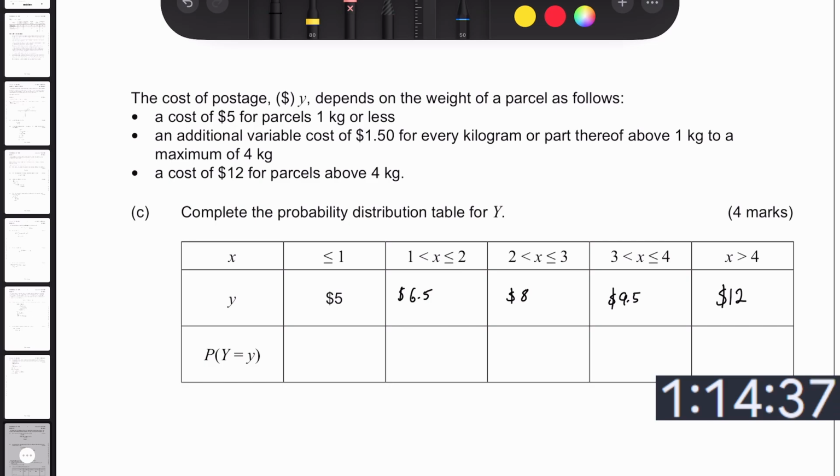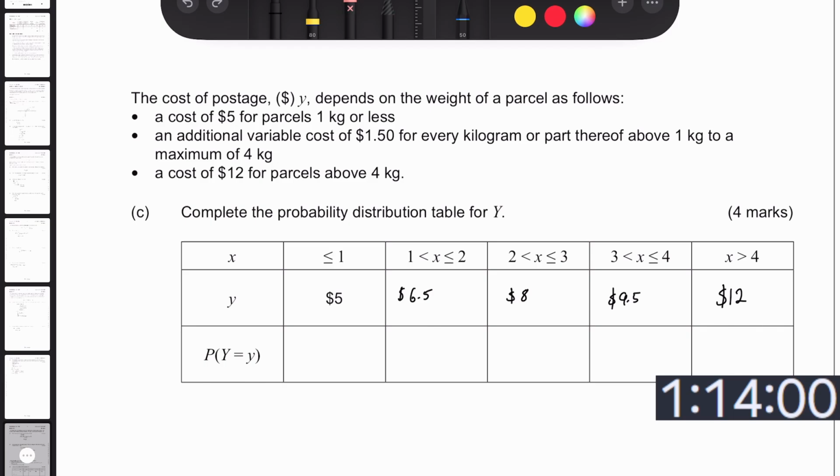Is that how it goes? But it says for every part thereof. So I would imagine this is like a continuous function. Oh wait, I think that means if it's 1.1, you still just add $1.50. Okay. Maximum 4 kilograms, so we add 4.5. Yep. Probability that Y is greater than Y.